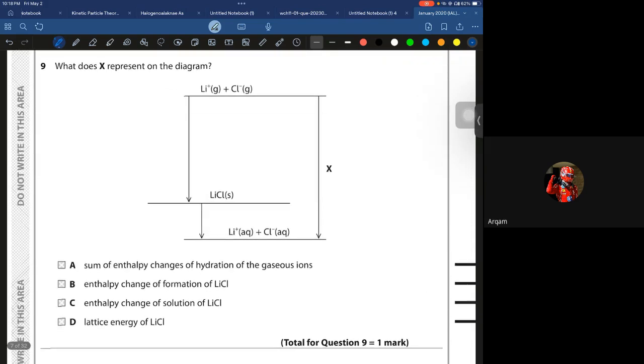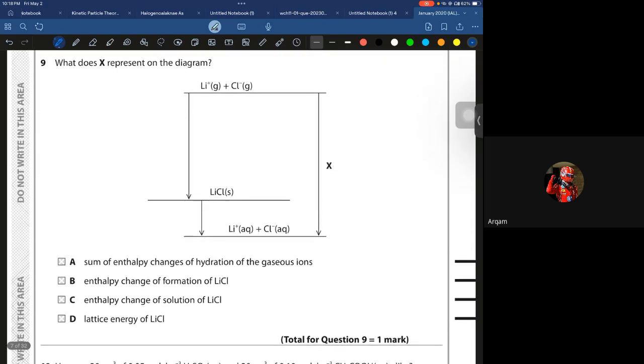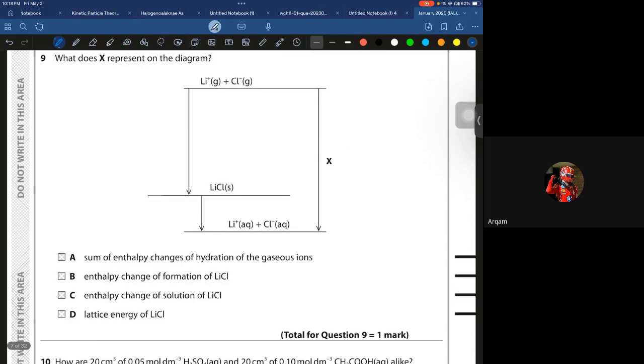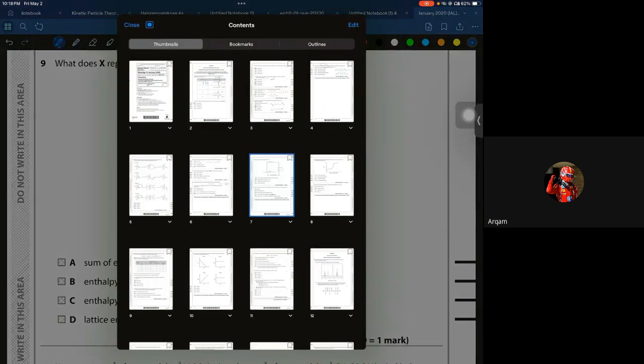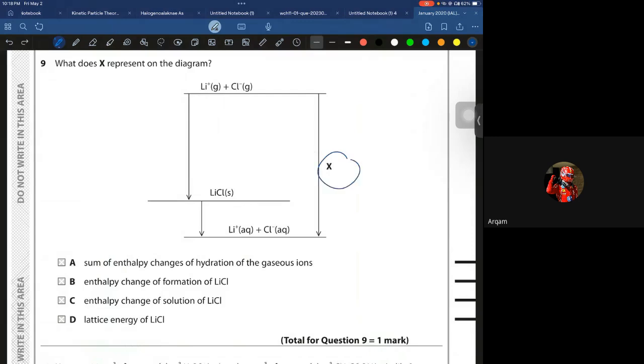What does X represent on the diagram? The sum of the enthalpy changes of hydration of the gaseous ions. X is the total. Let's suppose if this is 3 centimeter and this is 2 centimeter, this would be 5 centimeter. It's the sum of these two values. So option A is correct, 100%.